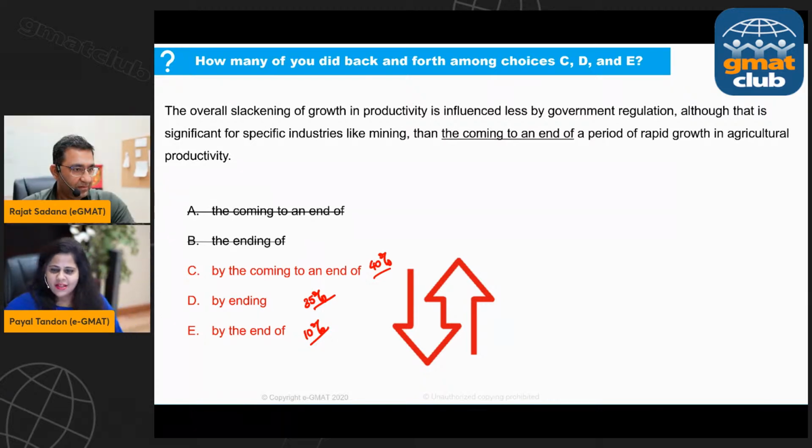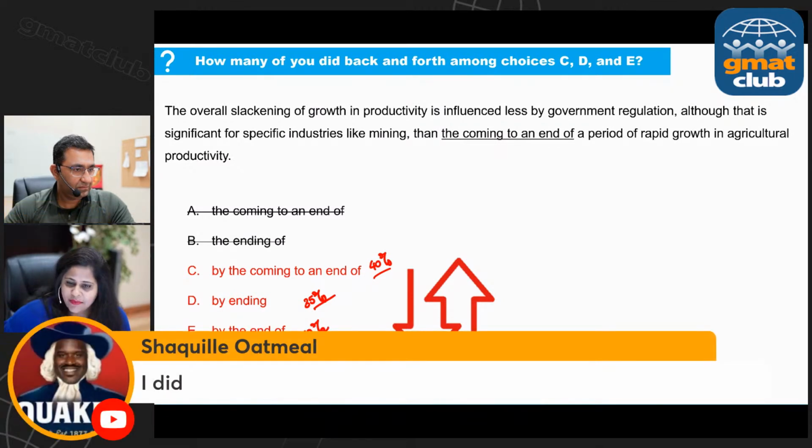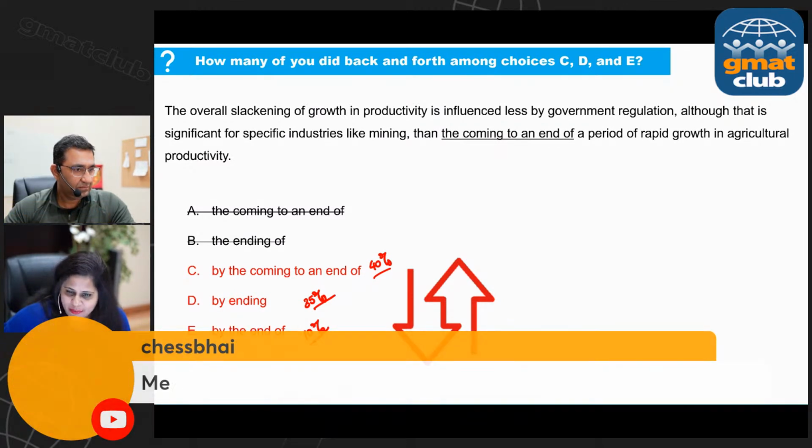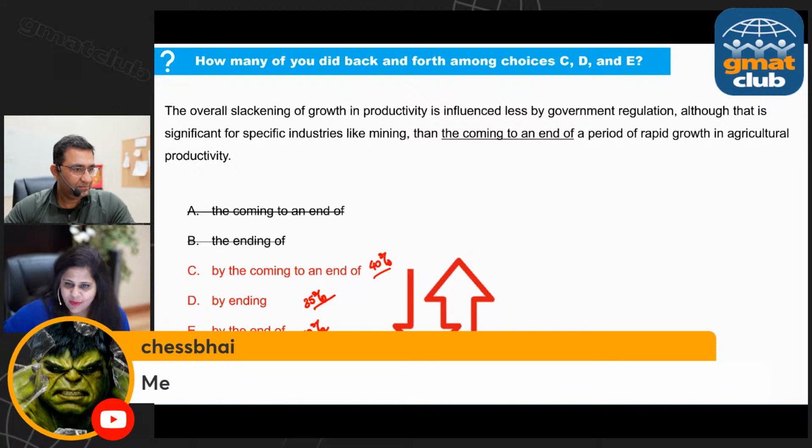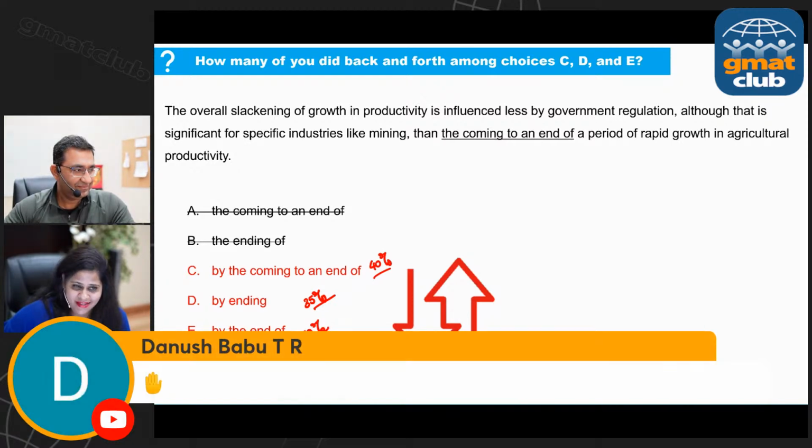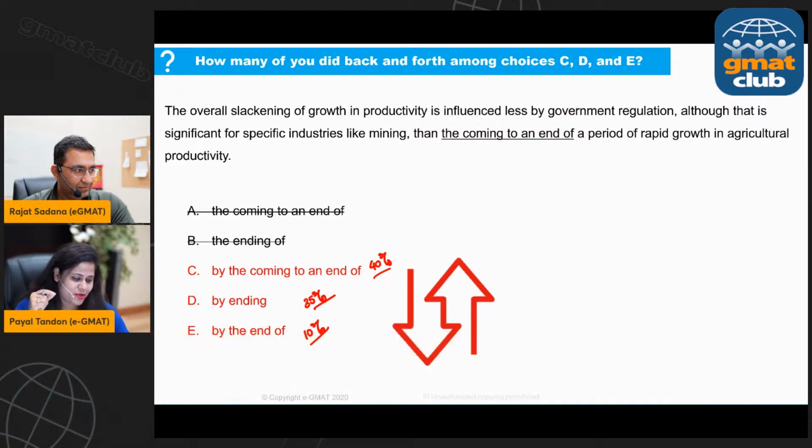I can see that Shakil did, Chess Pie did. How about others? The reason for that is what we're going to talk about, as to how you can prevent that back and forth.